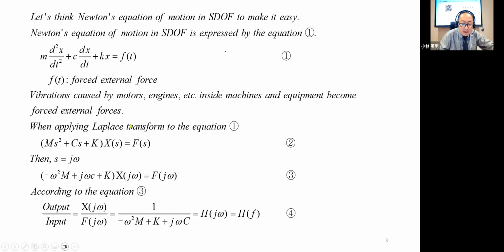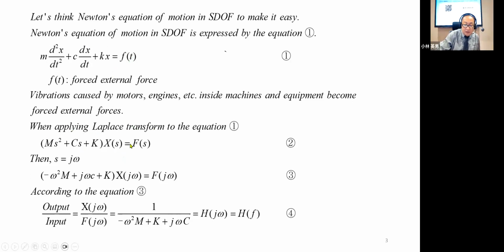When applying the Laplace transform to equation 1, this equation is written in the parameter of time, t. It's transformed to s by doing the Laplace transform.